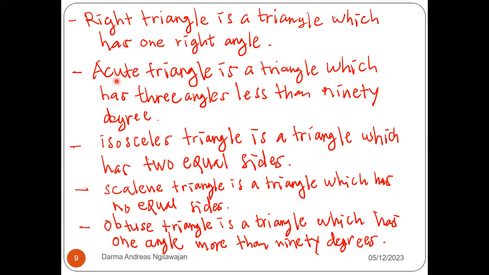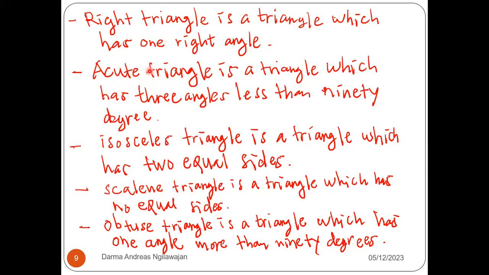Saya, Pak. Okay, go on. Segitiga lancip adalah sebuah segitiga yang ketiga sudutnya kurang dari 90 derajat. Good. Okay, bagus. And can someone read the sentence again to all of us?